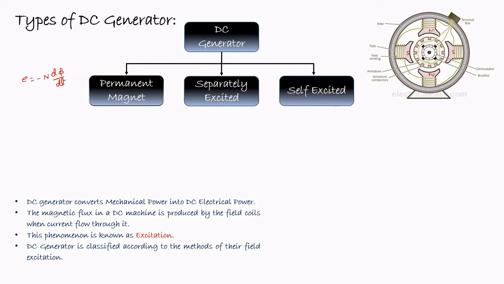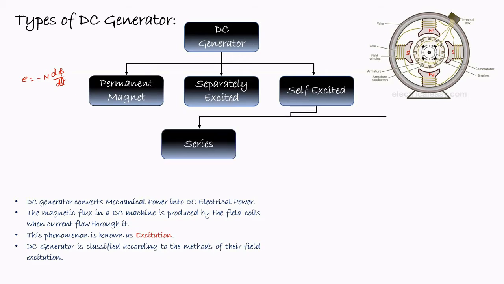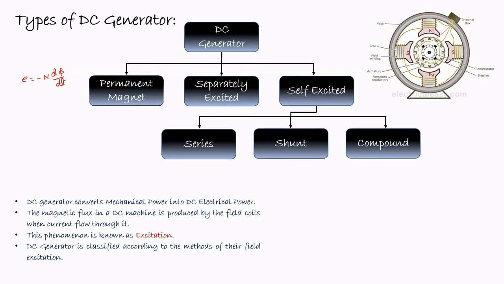The self-excited DC generator can further be classified as series, shunt, and compound. As the power supplied to the field winding is from the armature winding, the field windings and the armature windings will be connected together, either in series or in parallel. Shunt means the parallel connection, and series means both are connected in series.